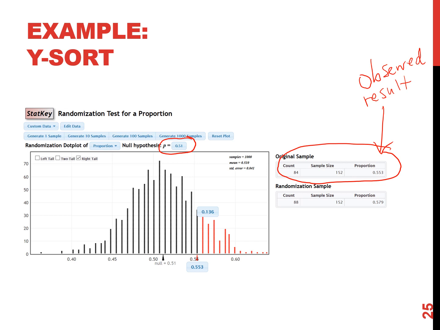And because we were testing to see if people were more likely to have boys, we used a right tail and started it at the sample statistic. The proportion of the simulated results that were in this tail is 0.136. This is our p-value for this test.